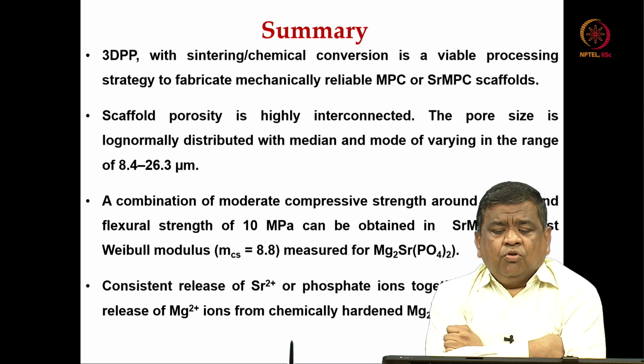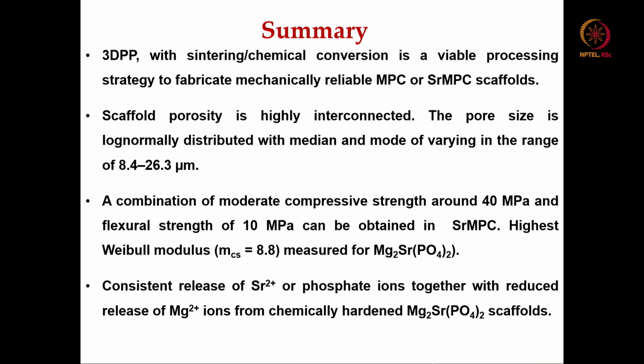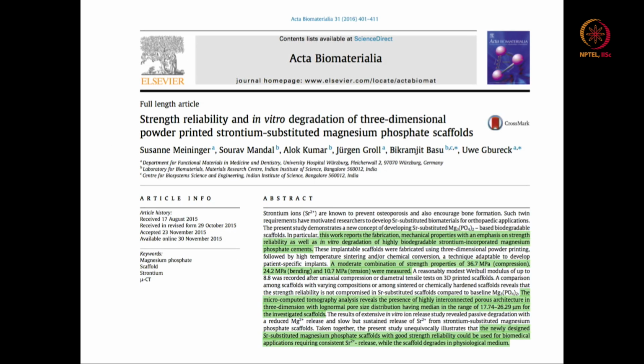Despite having a lot of porosity, the strength reliability, the Weibull modulus, is 8.8 or 9, which is quite good. We also measured consistent release of strontium and phosphate ions together with reduced release of magnesium ions in chemically converted magnesium strontium phosphate scaffolds.